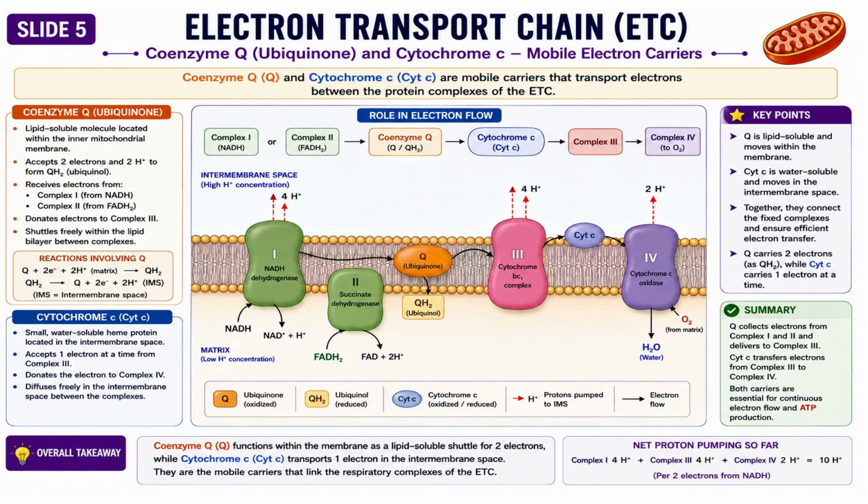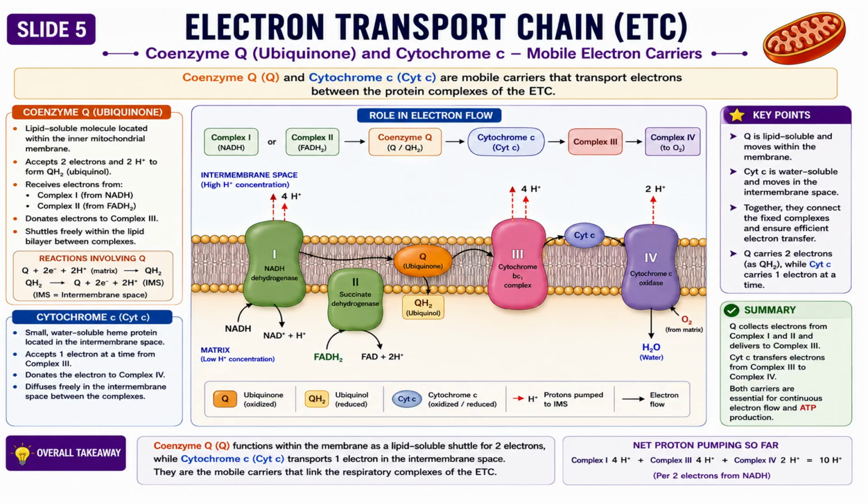Coenzyme Q and cytochrome C are two important mobile electron carriers of the electron transport chain. They connect the major protein complexes in the inner mitochondrial membrane and help transfer electrons efficiently from one complex to another. Coenzyme Q, also known as ubiquinone, or CoQ, is a lipid-soluble electron carrier located within the inner mitochondrial membrane.